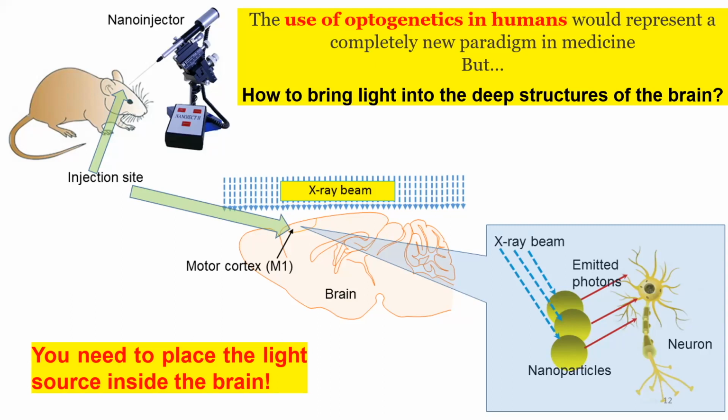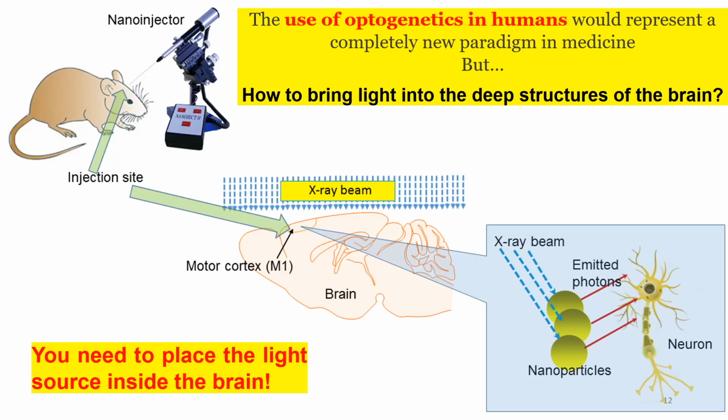And anyway, it's absolutely not a problem if we are working with animals. We can bring some light guide. We can use even transcranial illumination if it is a small animal with a thin skull and skin, like mice and rats. But potentially with humans, it will be a very big problem.